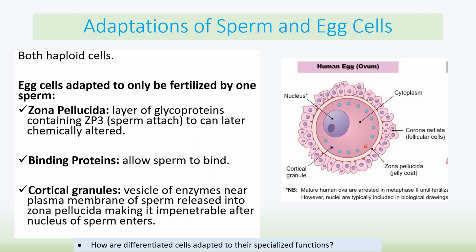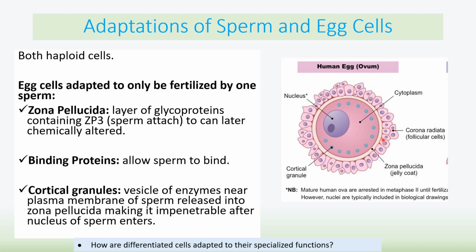If we start from the inside out, we have this inner layer of a jelly coat called the zona pellucida. And this is a layer of glycoproteins containing something called ZP3, which is what the sperm are able to attach to, and is later chemically altered to prevent further sperm entering the egg after the first one enters.